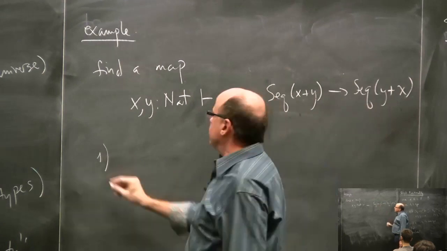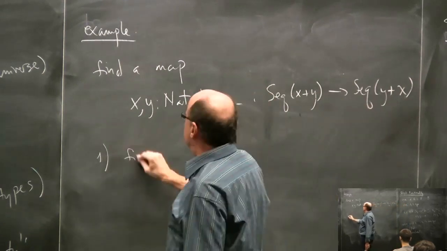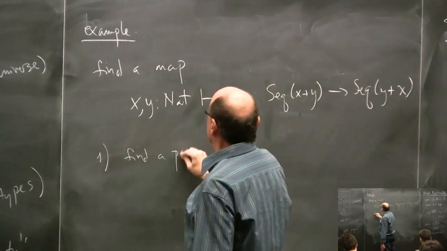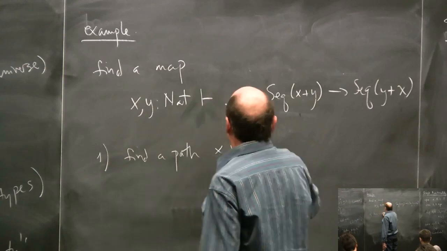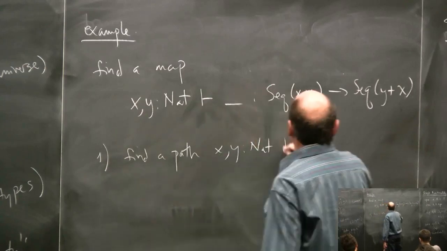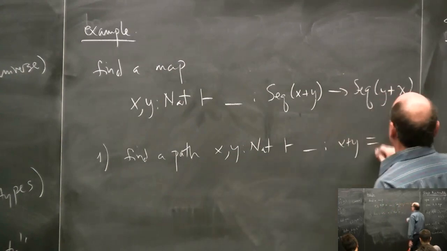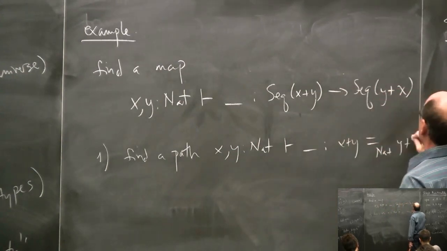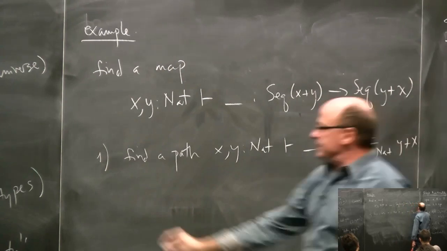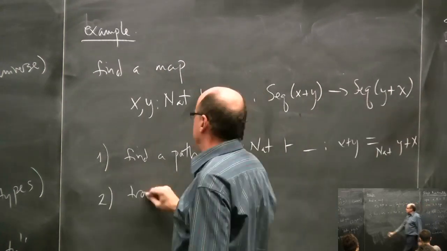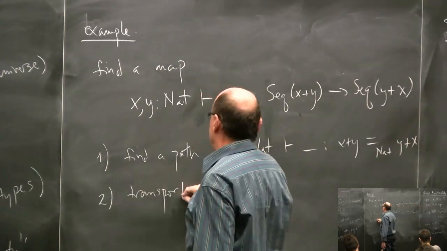Okay? So it's going to break into two parts. You need to find a path between x plus y and y plus x, and then you transport along that path.